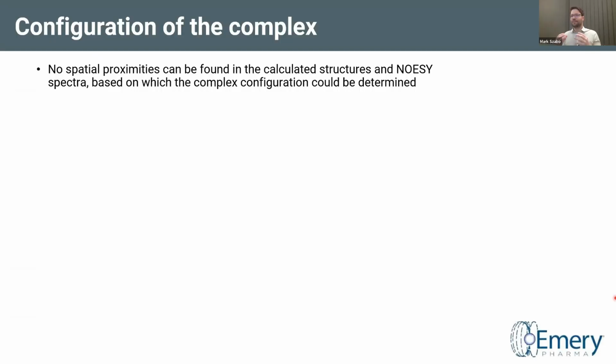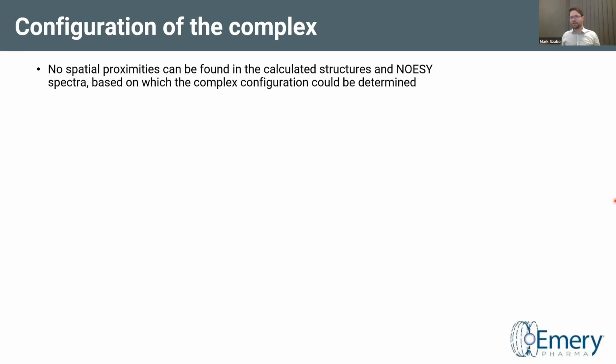And then I was sitting in my chair looking at this 3D structure of the rhodium complex, and I couldn't find any spatial proximities which would prove whether the rhodium core is lambda or delta. If I was able to find such proximities, then I could just measure a NOESY spectrum and figure out which configuration is present.